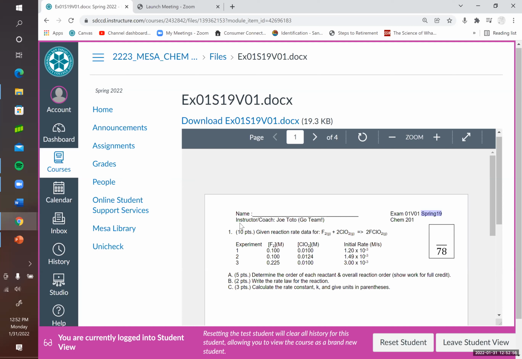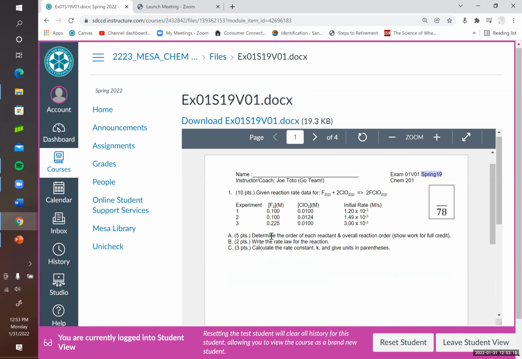You can use anything on that 3x5 card. The reason why I don't want you to have your notes and your textbook and everything else out is because it gives you a false sense of security. Some students might think they can learn the material to answer a question like this during the exam, and you can't.